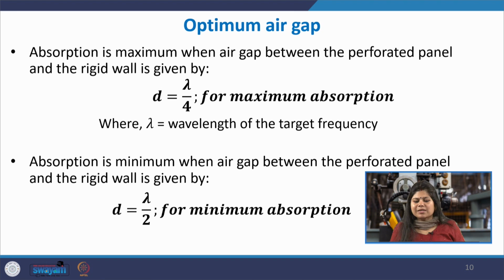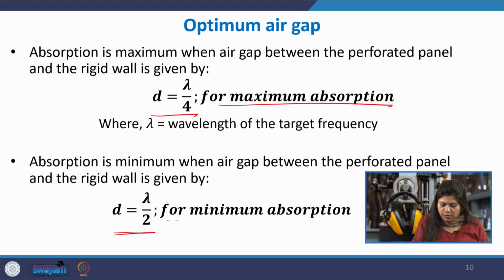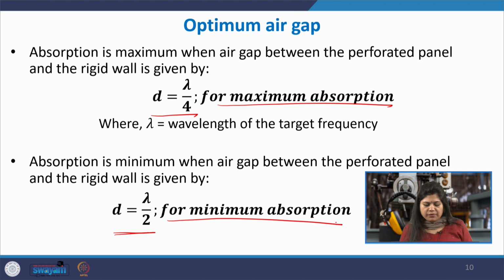A similar concept is used for the perforated panel as well. At lambda by 4 you observe a maximum absorption, and at D equal to lambda by 2 you observe the minimum absorption, where D is the depth of the air cavity and lambda is the wavelength.